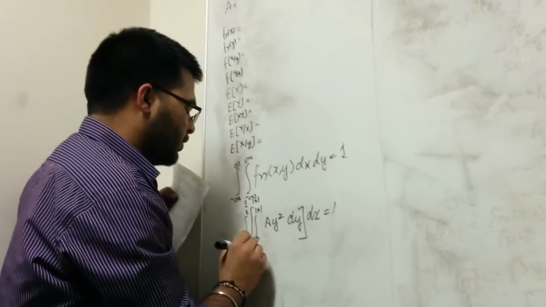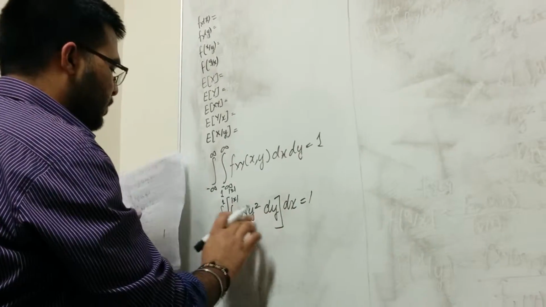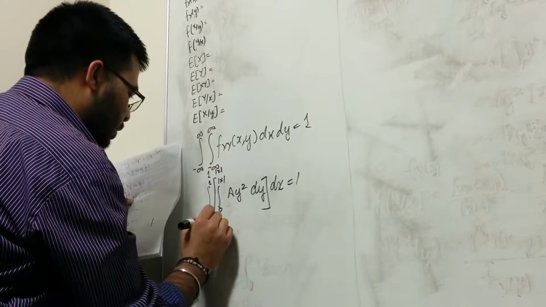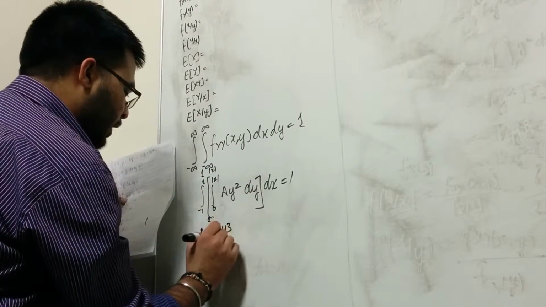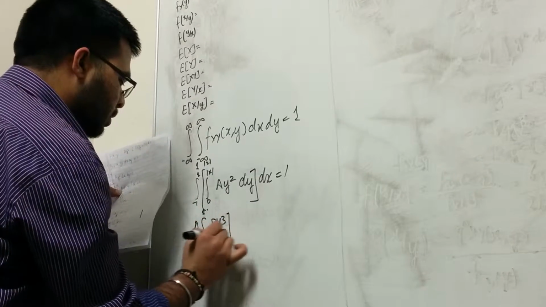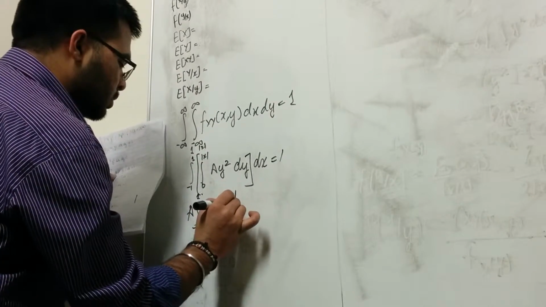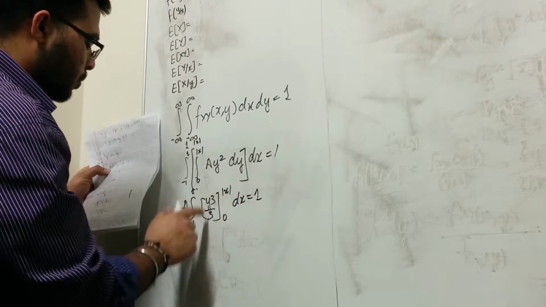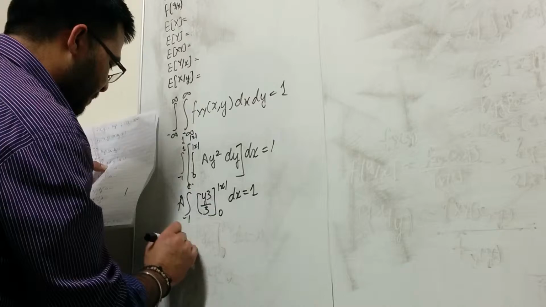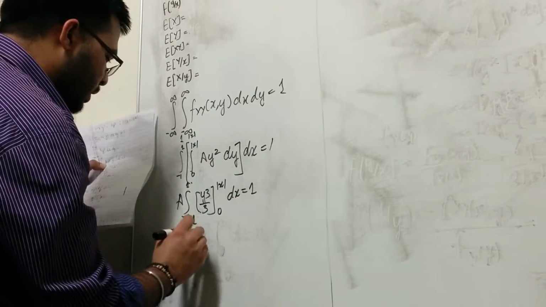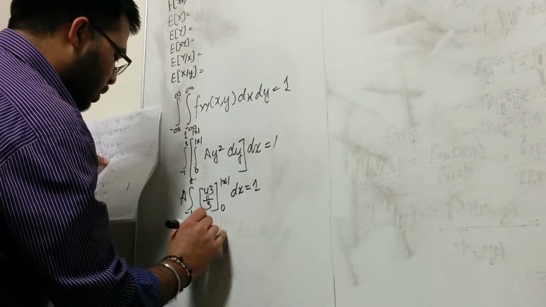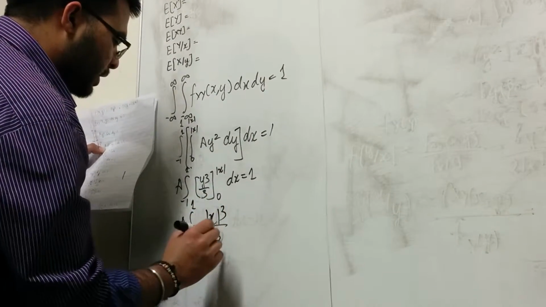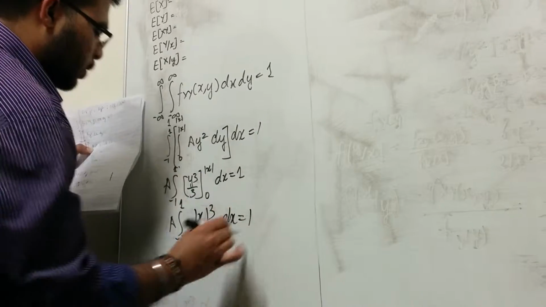Now we would first integrate with respect to y, taking the constant out of the integration, so it would become a integral minus 1 to 1, y cube upon 3, 0 to mod x, dx equal to 1. On putting the values and solving, we would get a integral minus 1 to 1 mod x cube divided by 3 dx equal to 1.